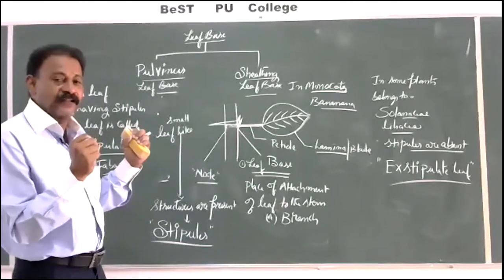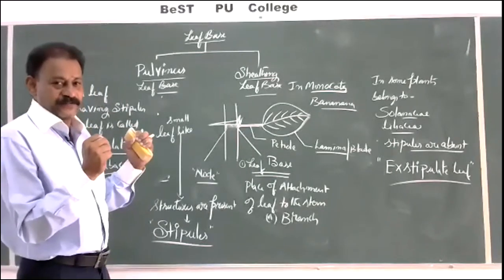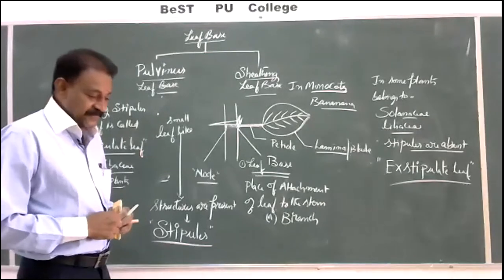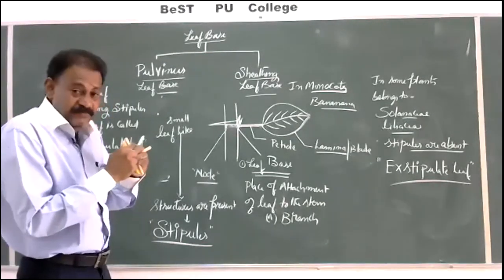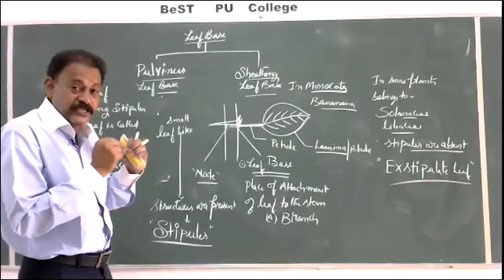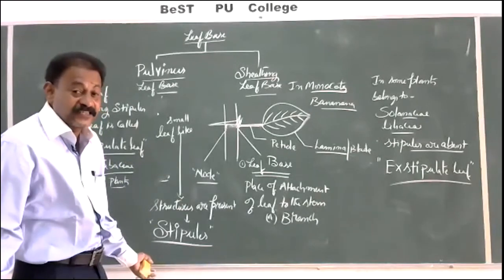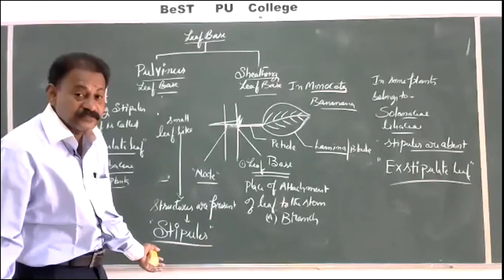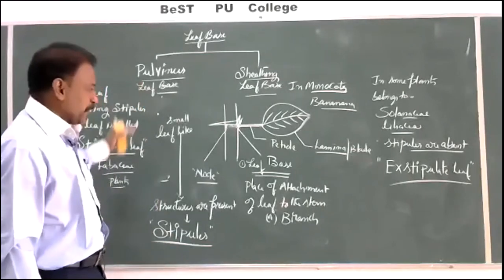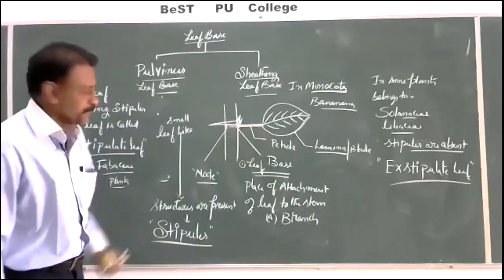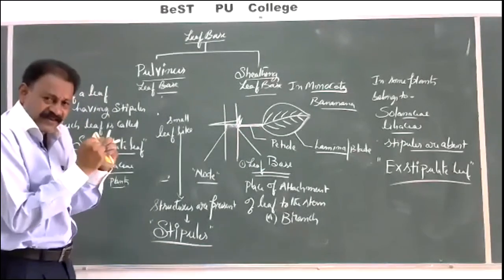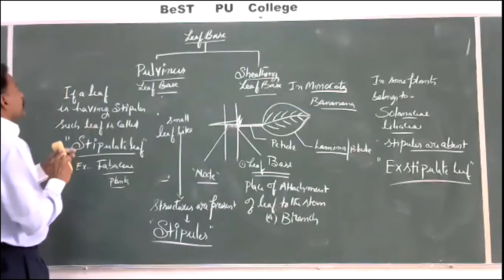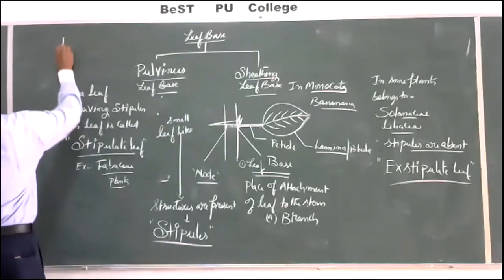Such leaves are called stipulate leaves. Sometimes when leaf is growing, remember this, these stipules fall off. Such stipules are called deciduous stipules. Generally, some stipules will be there forever. Such stipules are called persistent.